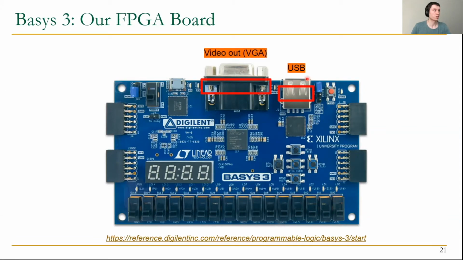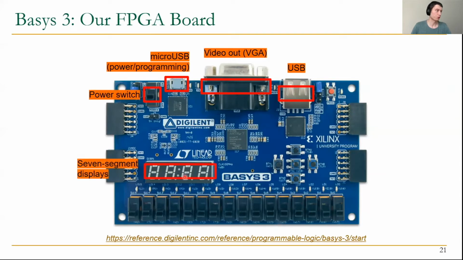Okay, so we have USB, we have video out, specifically the VGA interface. We have micro USB, which we'll be using to supply power to this board and also to reprogram the FPGA. We have a power switch to turn the board on, and a 7-segment display. So this is some sort of output device, and LEDs again to show some output.